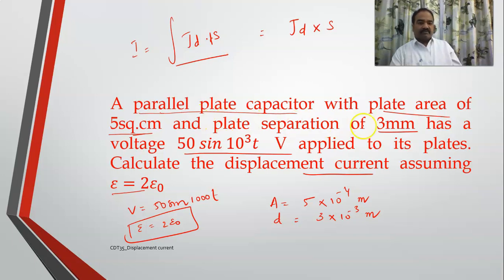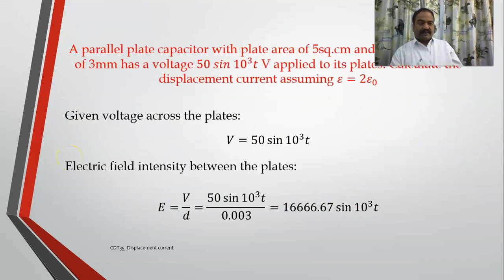Here it is uniform, with a plate area of 5 square centimeters. What is JD? It is dou D by dou t. D is epsilon naught E, and E is V by d. So everything is known here.